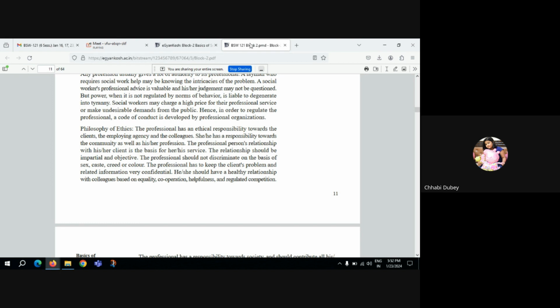That is, the professional should not discriminate on the basis of the socio-economic situation of the client. The professional has to keep the client's problem and related information very confidential. He or she should also have a healthy relationship with colleagues based on equality, cooperation, helpfulness and regulated competition.